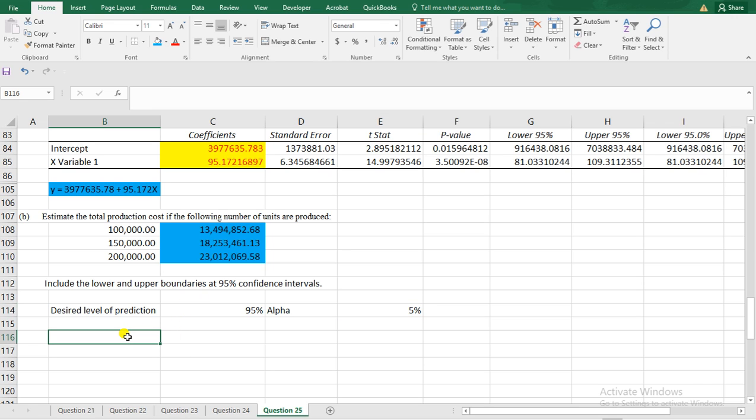So that will be easy, because I'll just be having our prediction at level of production.